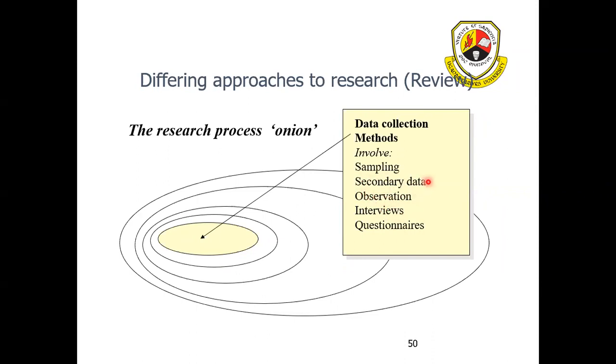But remember, one of the key points I raised in that first class is that it is possible to have secondary data in the field of IS and ICT, just as we have in healthcare, where you have aggregated data collected on HIV, on palliative care, on whatever it is.